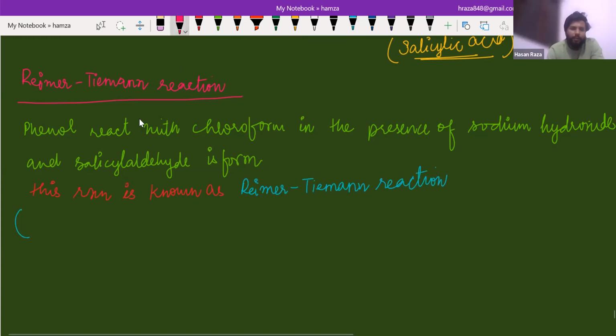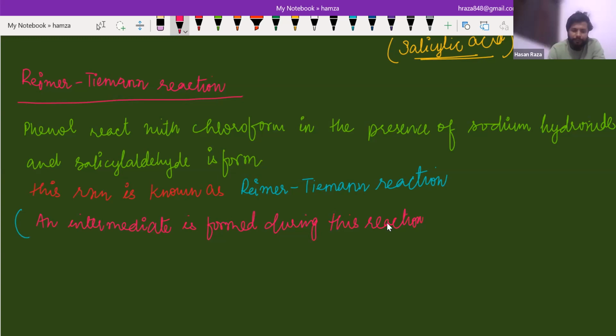One important point is that during this reaction, an intermediate is formed, which is hydrolyzed in the presence of alkali to produce salicylaldehyde.